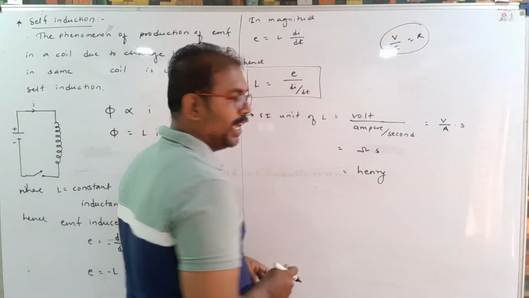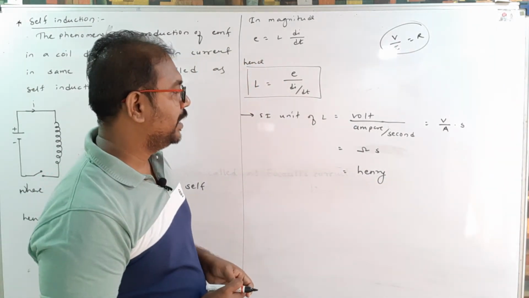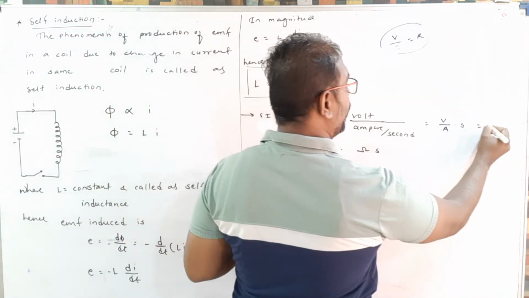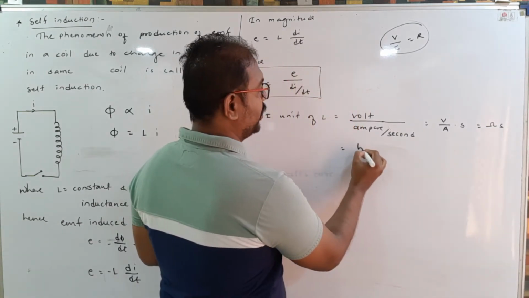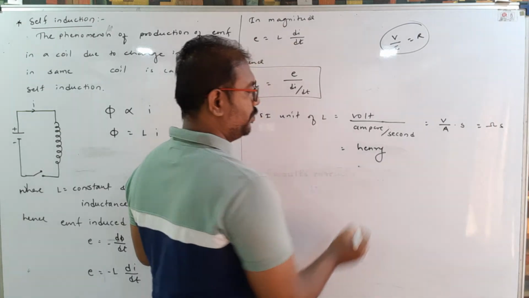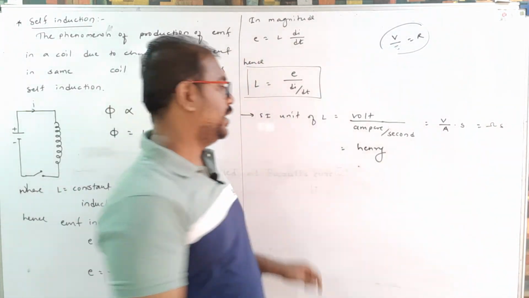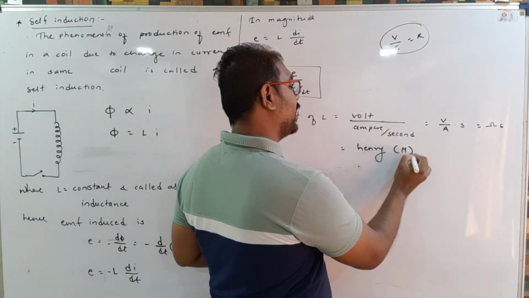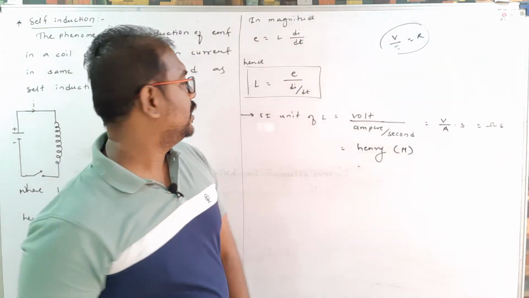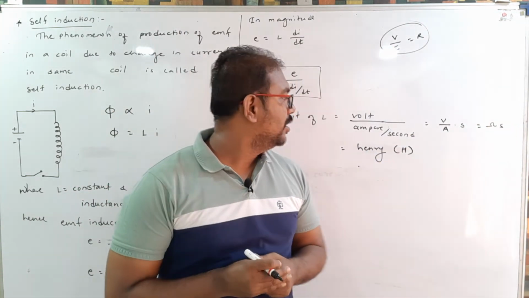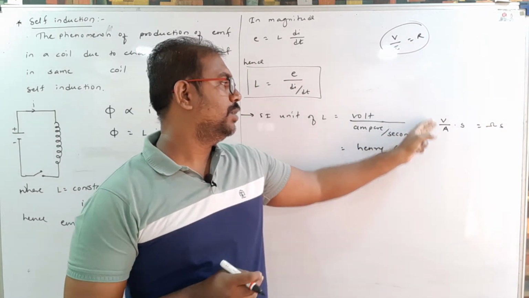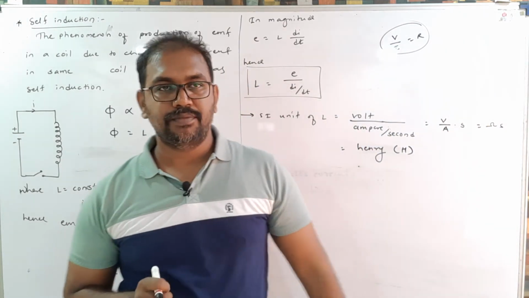So the unit is Henry here. Henry is the name of a scientist, so the symbol is capital H. So this is the SI unit. You can use Henry, you can use ohm second, or you can use volt per ampere into second.